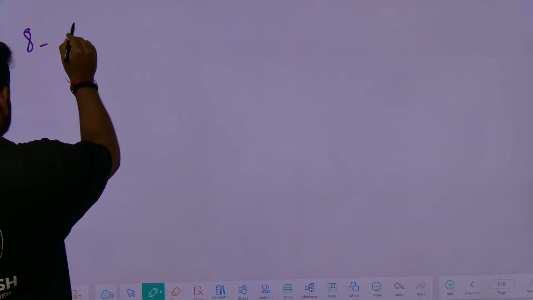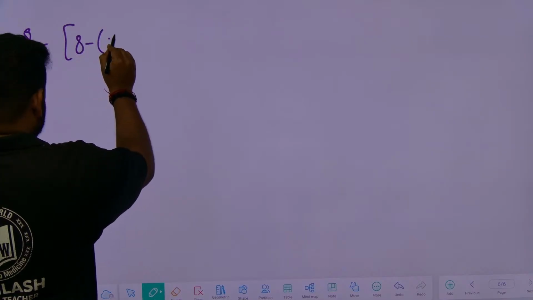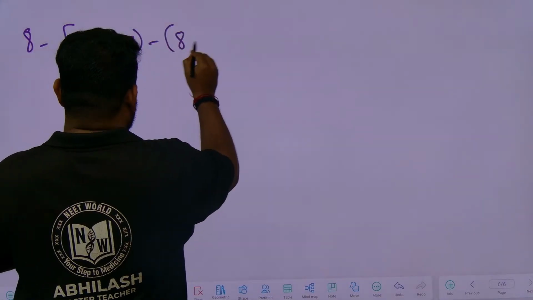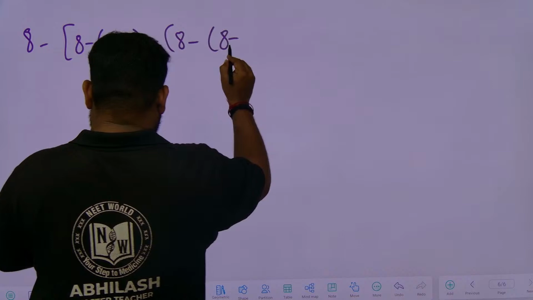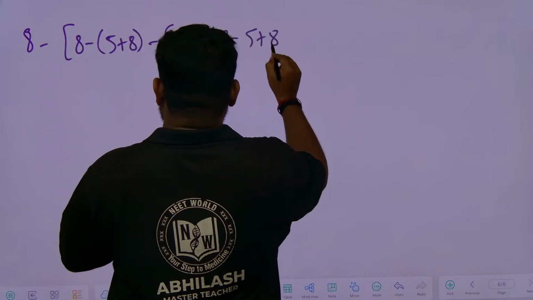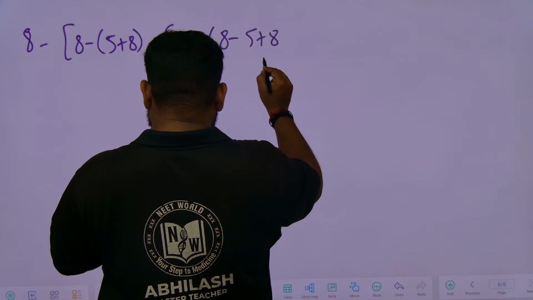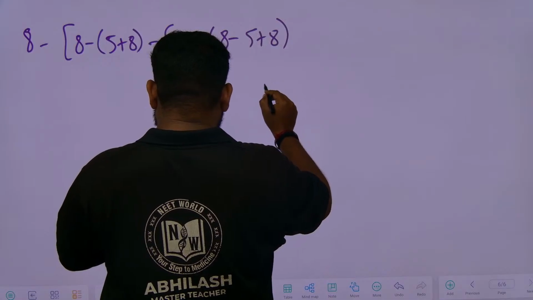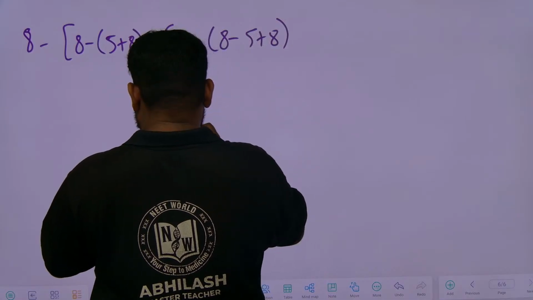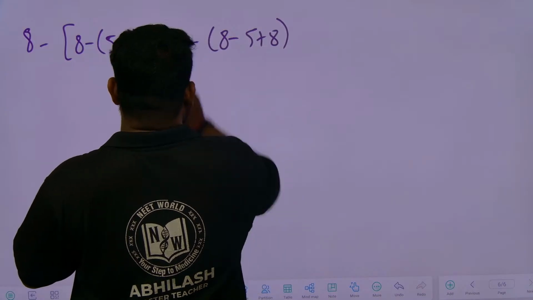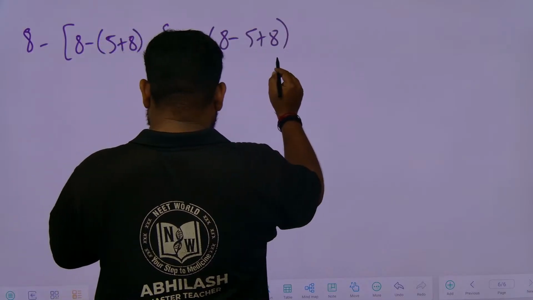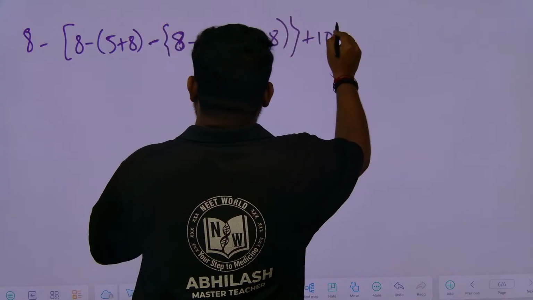Try this question, very nice question this is. 8 minus, 5 plus 8, minus 8 minus 8 minus 5 plus 8, okay, 5 plus 8. Here there should be a flower bracket, and there is a square bracket.